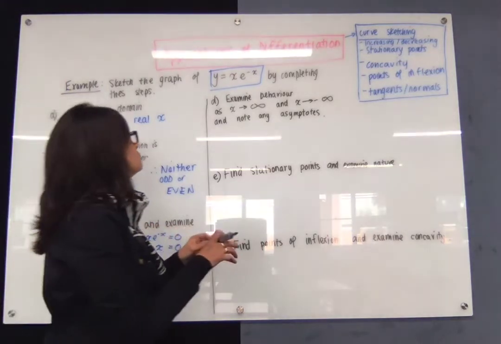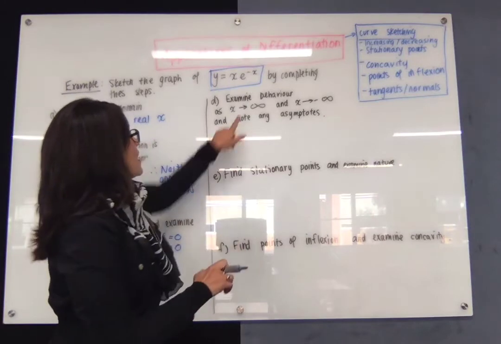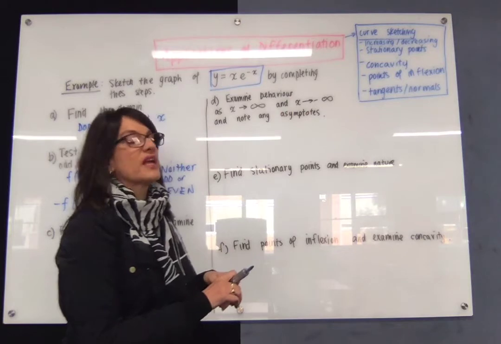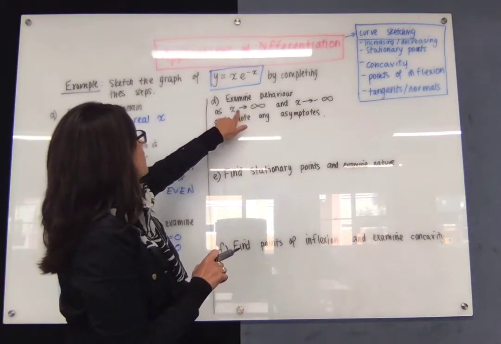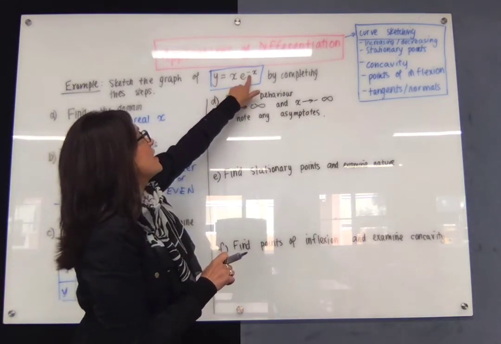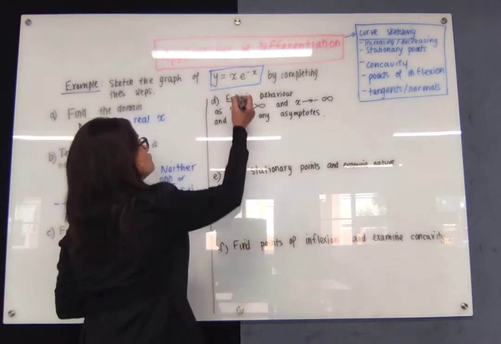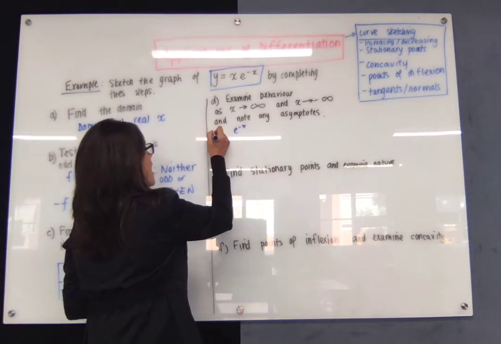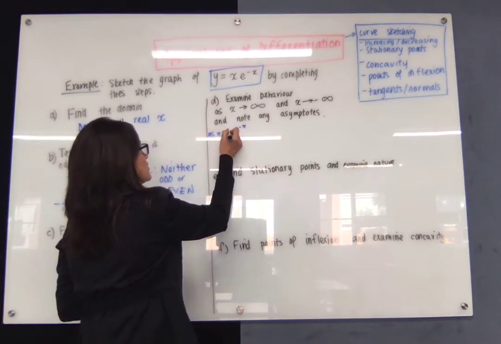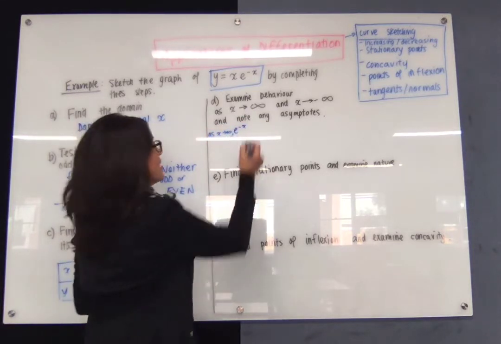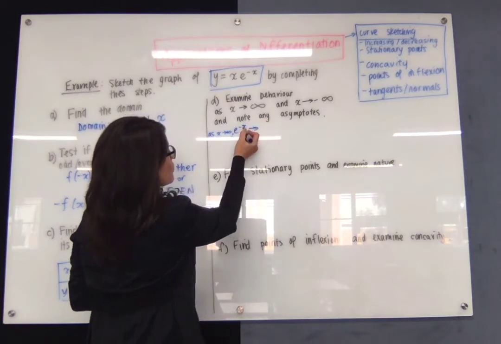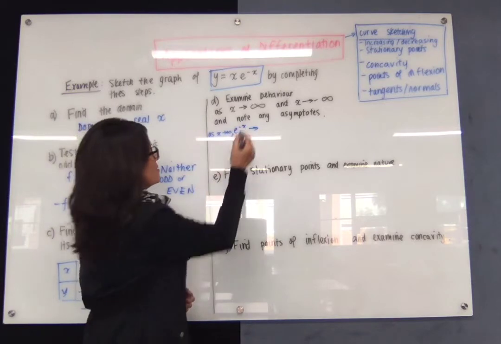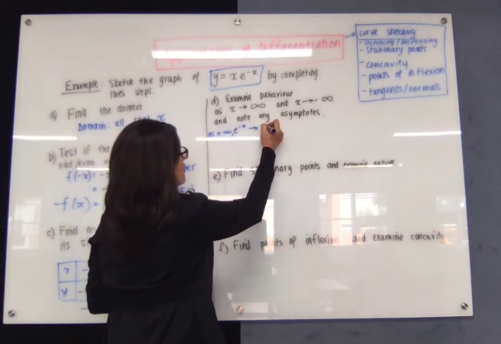Okay, examine the behaviour as x is approaching positive infinity and as x is approaching negative infinity. As the values for x become very large, e to the negative x, when we've got a very large number in a negative index, we know that this is going to be approaching 0.